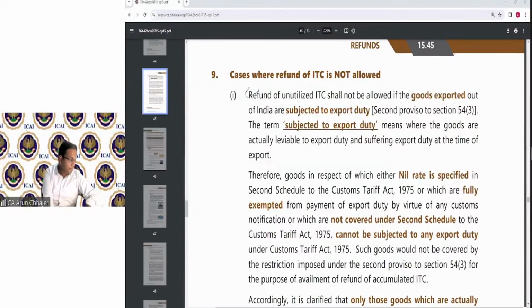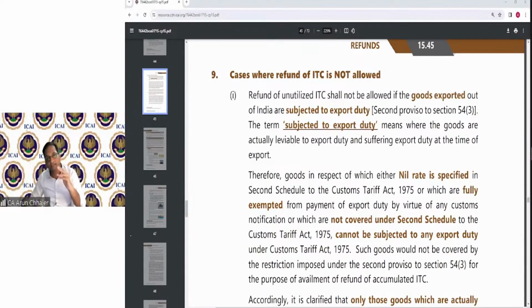Refund of unutilized ITC shall not be allowed if the goods exported out of India are subject to export duty. The term subject to export duty means it should be actually liable to export duty and suffering export duty at the time of export. Export duty means when you are exporting, government are putting some duties.